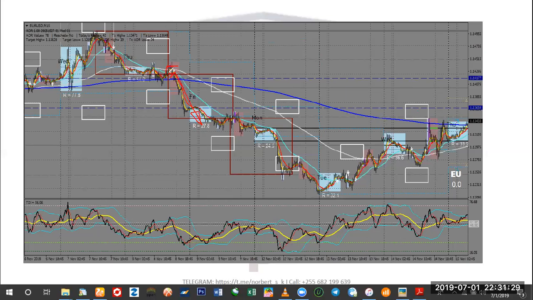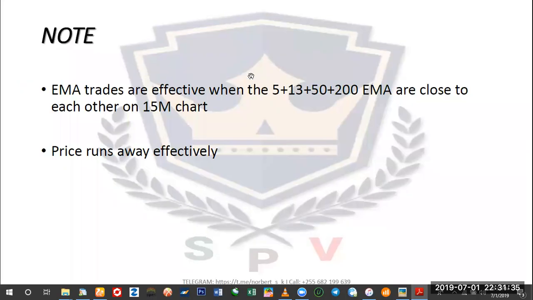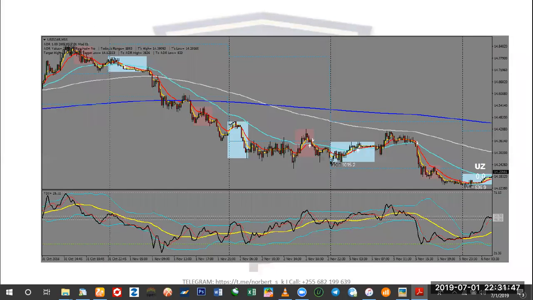There is magic when the EMAs are close to each other. You should exclude the 800 there. So EMA trades are effective when the 5, 13, 50, and 200 are close to each other on the 15 minutes time frame. Price will run away effectively.